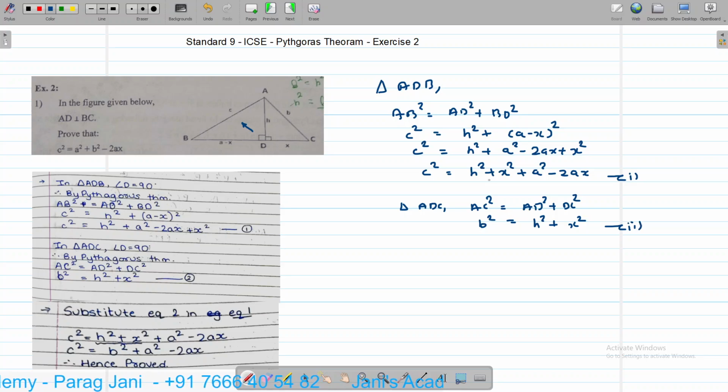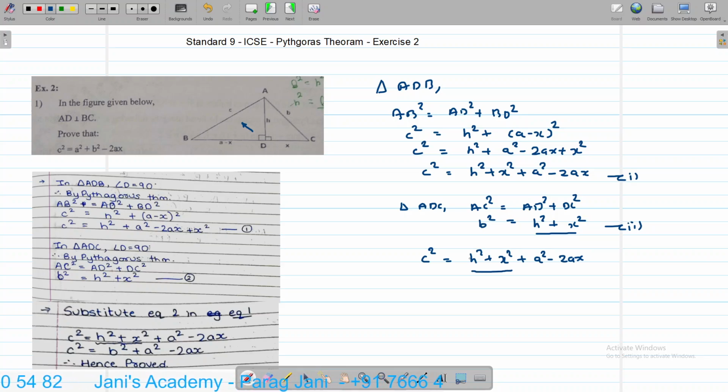Now if you substitute here, the first equation is c square equal to h square plus x square plus a square minus 2ax. Here h square plus x square is b square, so I substitute: h square plus x square is equal to b square.